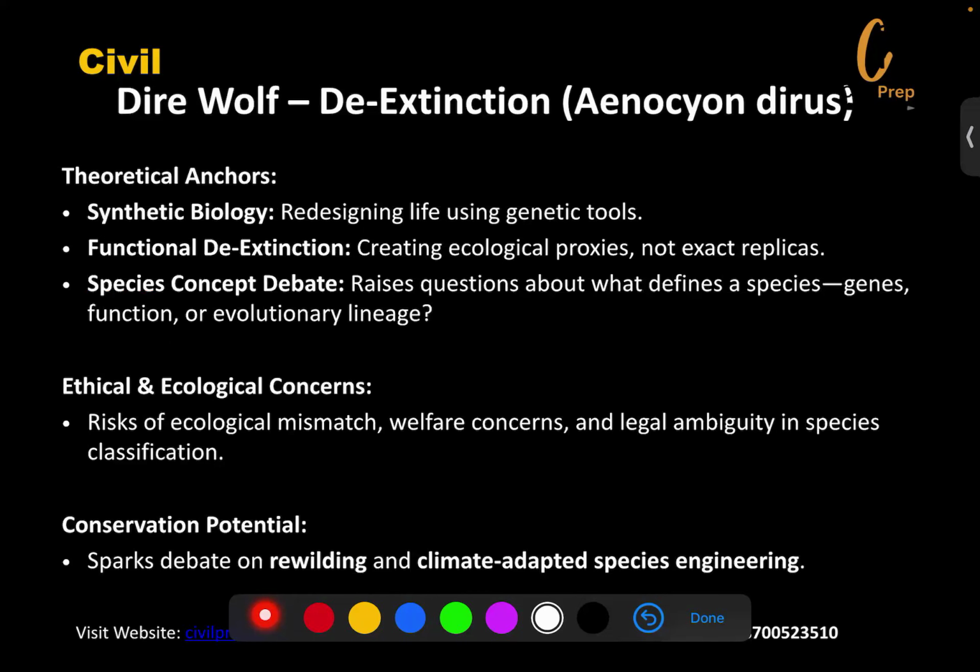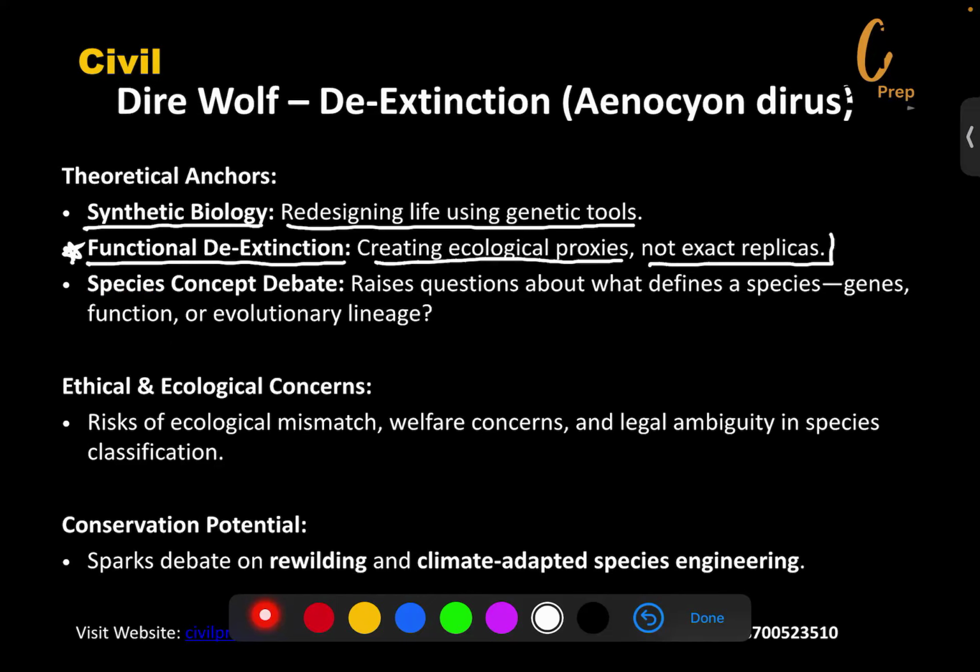Now, when we look at certain theoretical aspects, there is synthetic biology, that is redesigning life using genetic tools. Then functional de-extinction, an important theory here, which is creating ecological proxies and not the exact replicas of the extinct species.